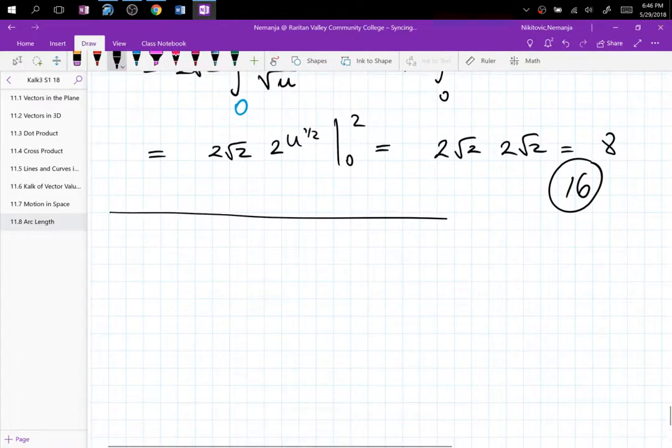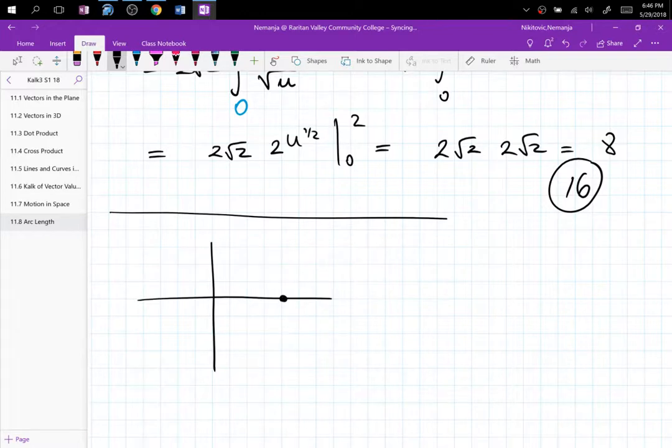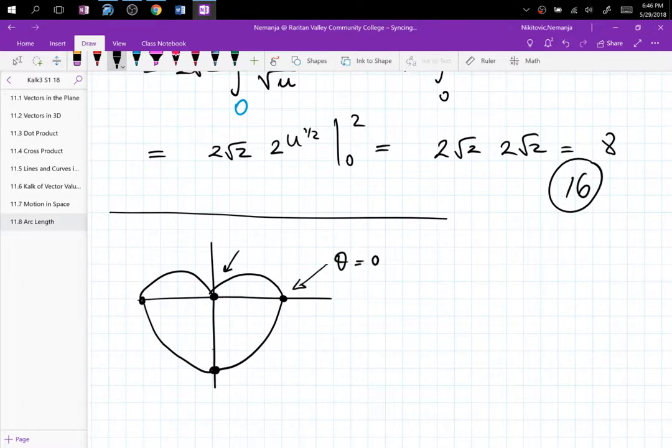So I'm going to draw this in notes so you guys have it. Let's put 4 squares as 2. So this would be the cardioid. Now this is theta equals 0. This is theta equals pi over 2.